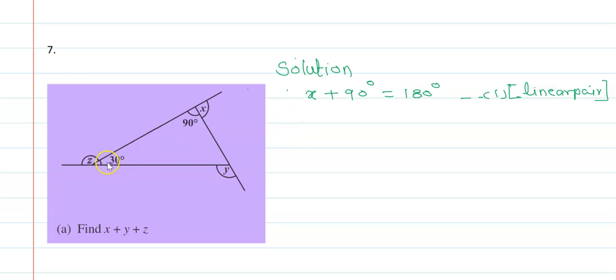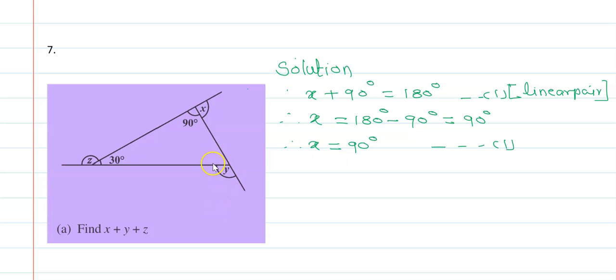What about the second? Again here we calculate the first value of x. x is equals to 180 degree minus 90 degree, and that's equals to 90, and therefore here x is equals to 90 degree. This is the first one.